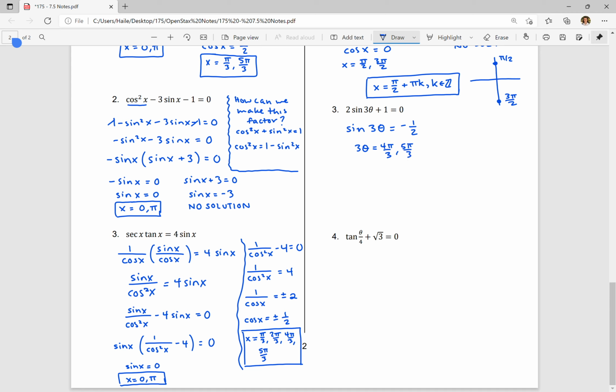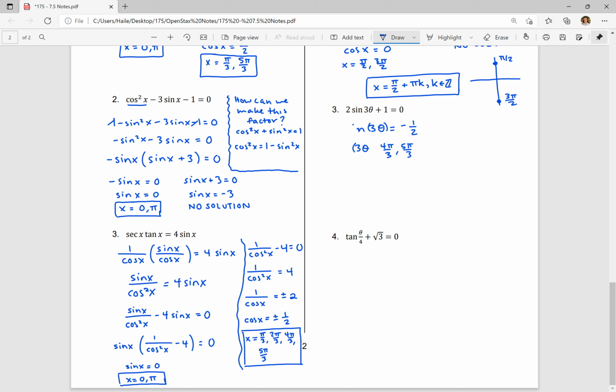So the big difference is instead of theta being 4 pi over 3 or 5 pi over 3, we're going to have 3 theta is equal to 4 pi over 3 and 5 pi over 3, because that's the expression inside of sine. All right? So those are our 2 answers so far.